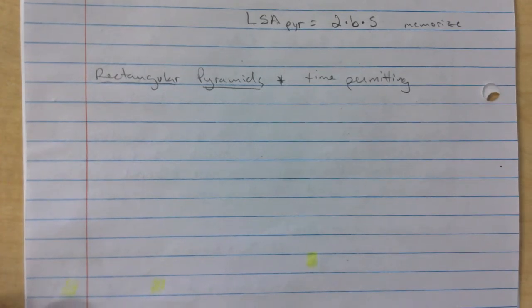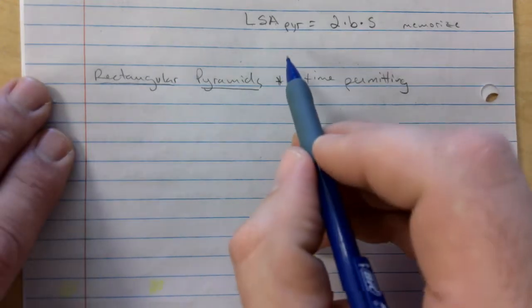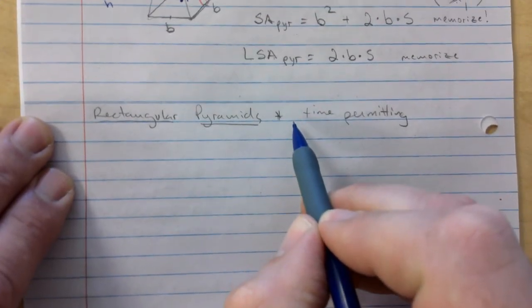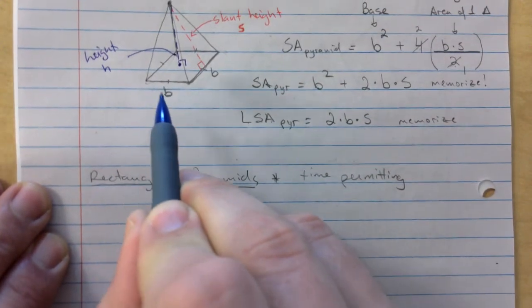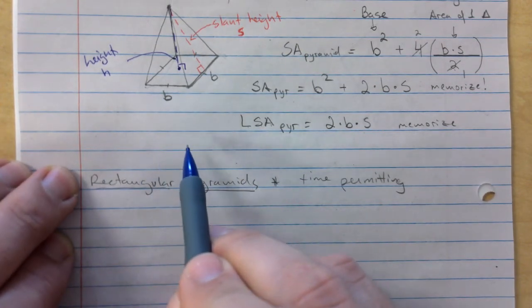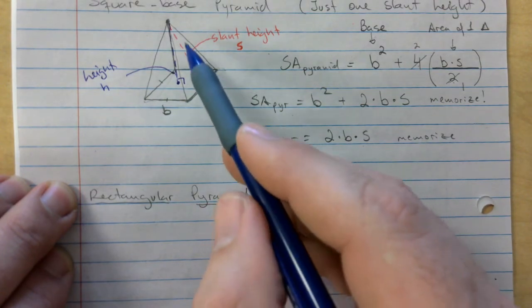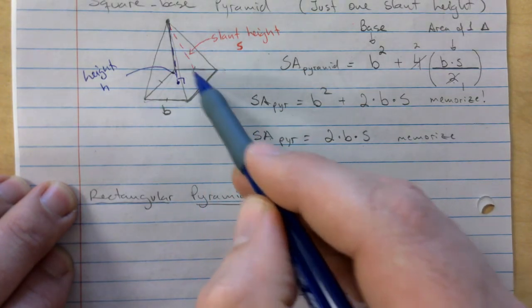It gets more complicated than that. And as I'm going through this, allow me to just add one more thing. It's not going to take a whole lot of room, I promise, but sometimes you'll have to find the slant height.